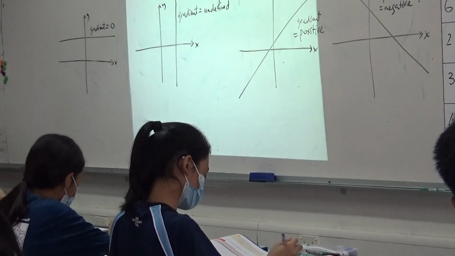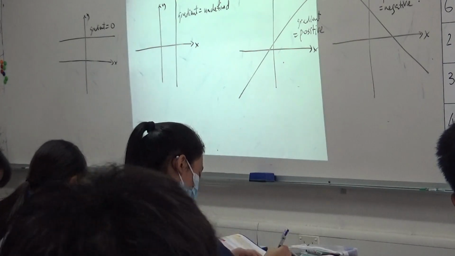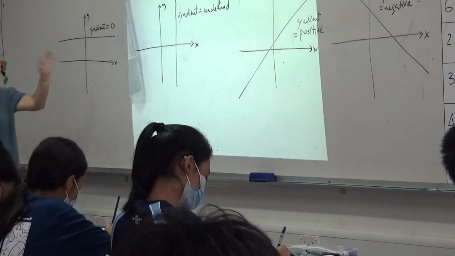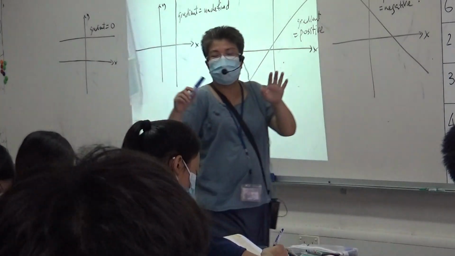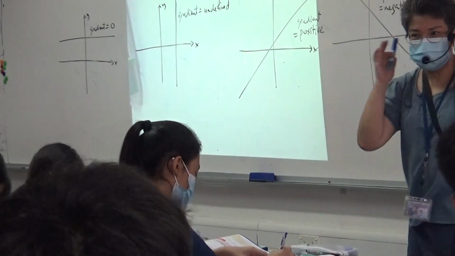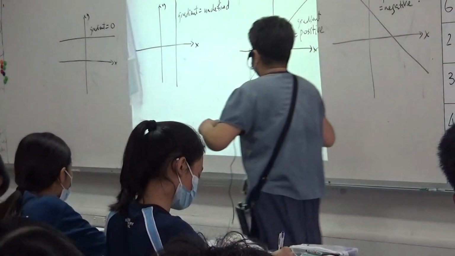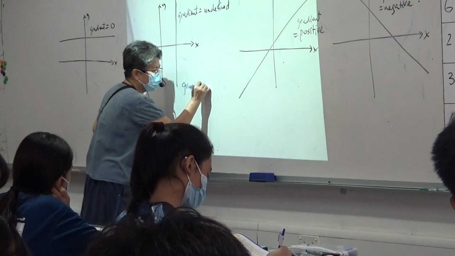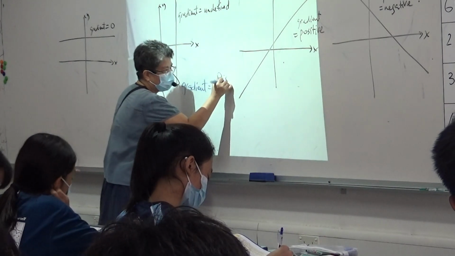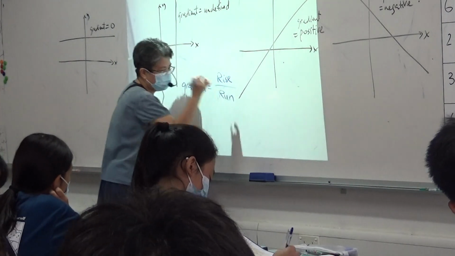Then I want you to write one last thing before I go to the examples to clarify all this. Don't ask first. Next lesson, I will clarify everything for you. So, what is the definition for gradient? Gradient is rise over run.